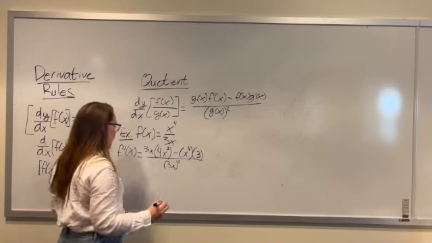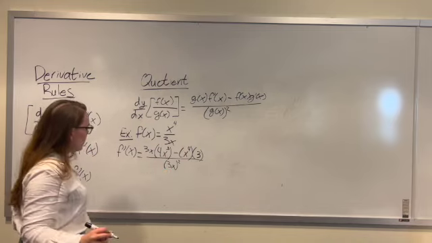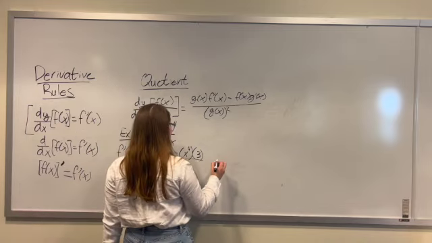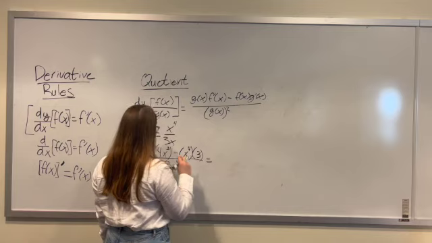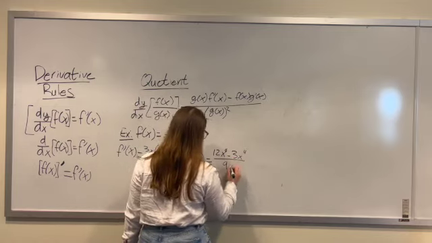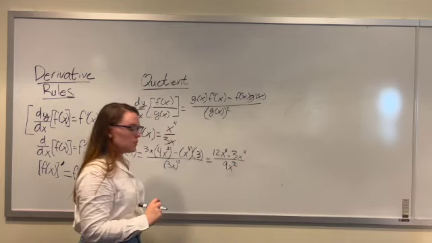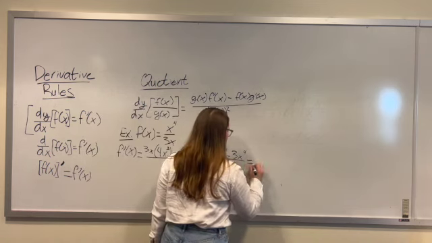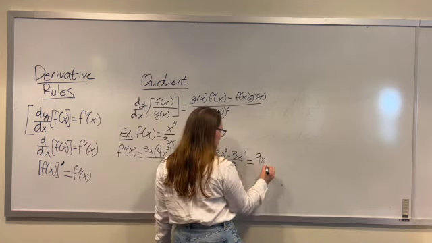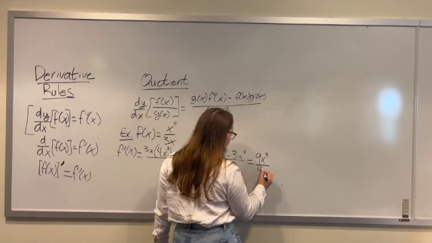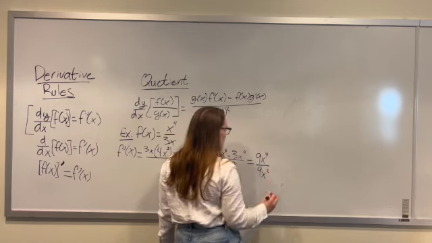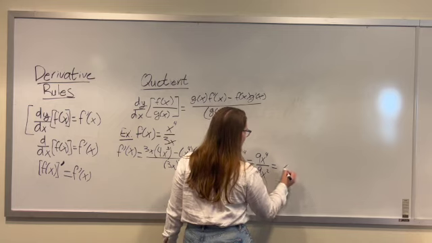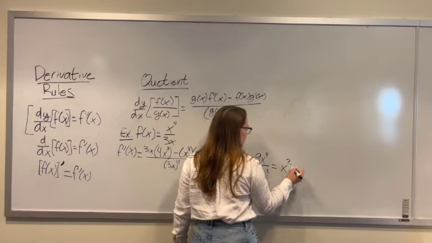squared. And then we can expand and simplify to get 12x to the fourth minus 3x to the fourth divided by 9x, which is 9x to the fourth divided by 9x squared. And then we are left with x squared.